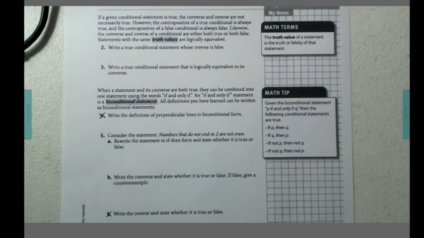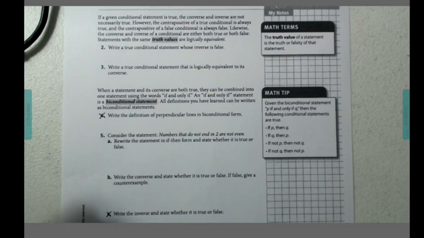Biconditional statements happen when you have both your conditional statement to be true and your converse to be true. If both of those things can happen, it can be considered a biconditional statement, which is written with if and only if. So here we've got problems 2 through 5.